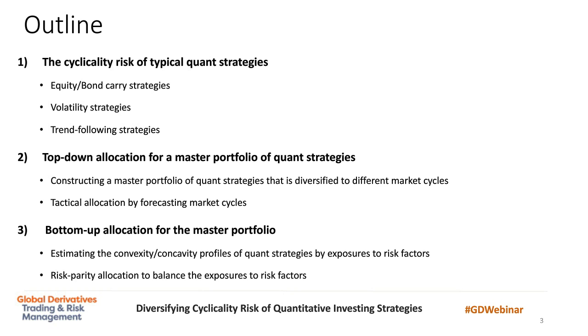Then we consider two approaches to allocate funds to them. The first is when we try to dissect market cycles which are favorable for these strategies. In the bottom-up allocation, we just try to project the P&L of the strategies and find an optimal combination to mitigate the risk.